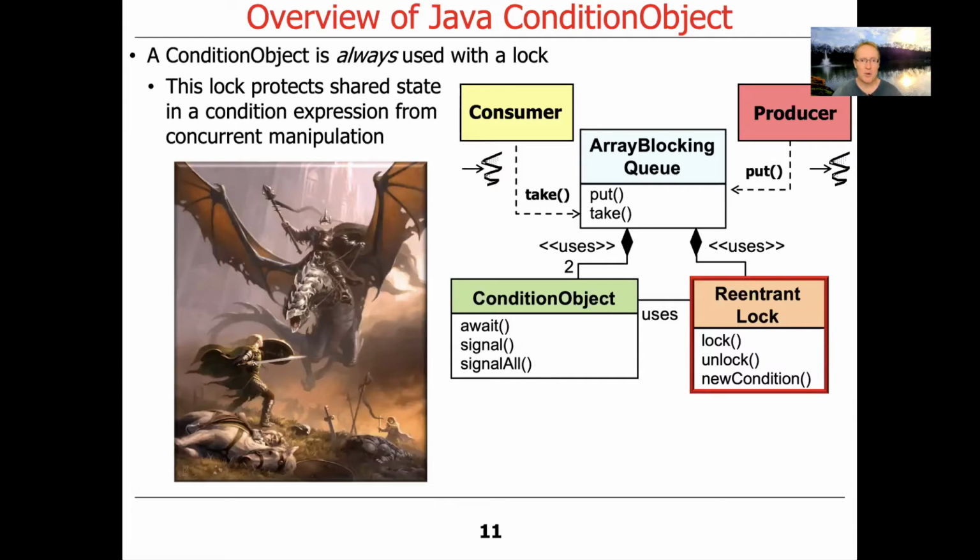In other words, if multiple threads are sharing some mutable state, then this lock protects the state so we don't end up with corruption and race conditions that would otherwise occur if multiple threads were reading and writing, or reading and reading, and writing and writing, and so on, to the values in the shared mutable state.